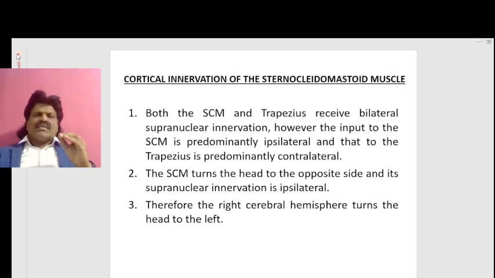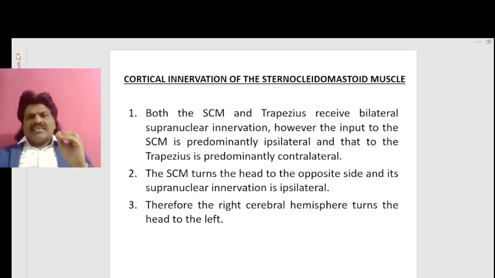Now let's see the very fascinating concept, the cortical innervation of the sternocleidomastoid muscle. All the cranial nerve nuclei are bilaterally innervated but predominantly contralaterally innervated. But the sternocleidomastoid is an exception and it is unique because the sternocleidomastoid muscle gets a predominant ipsilateral supply.